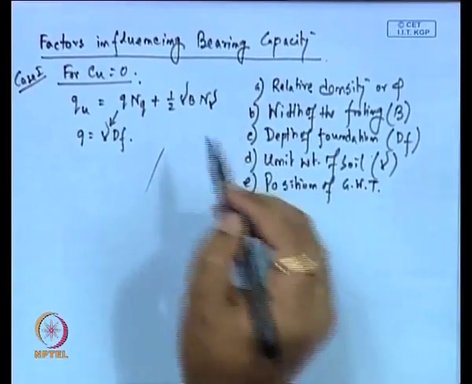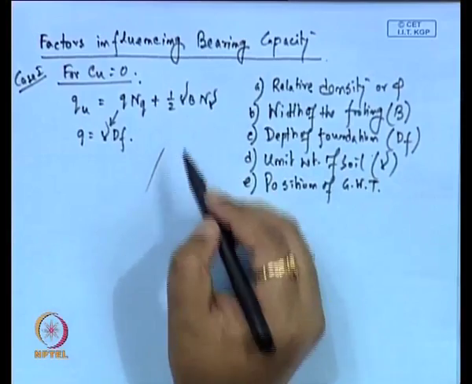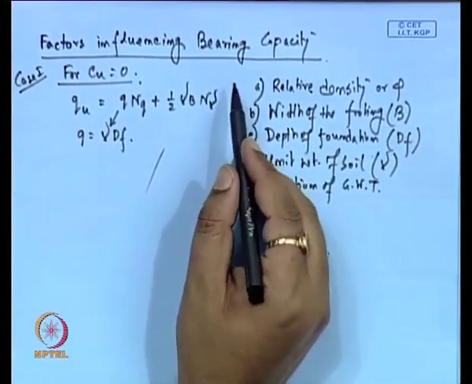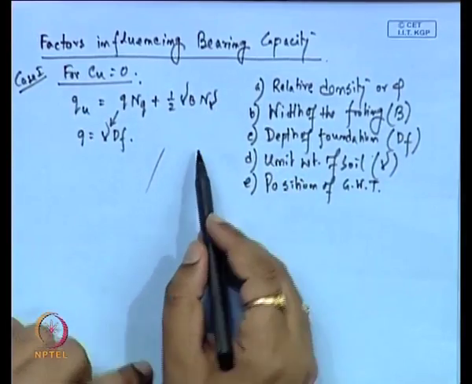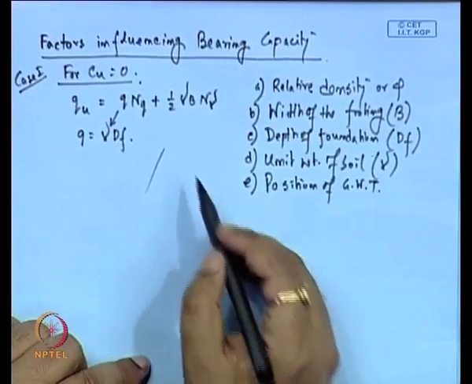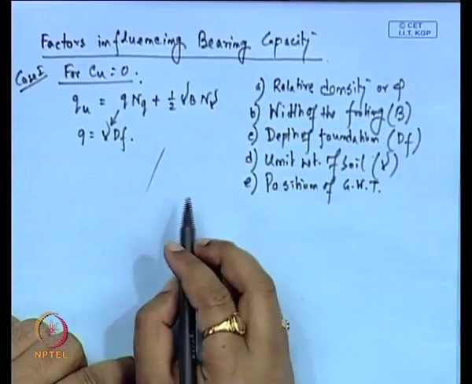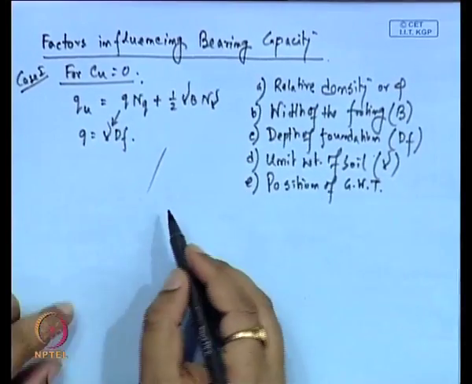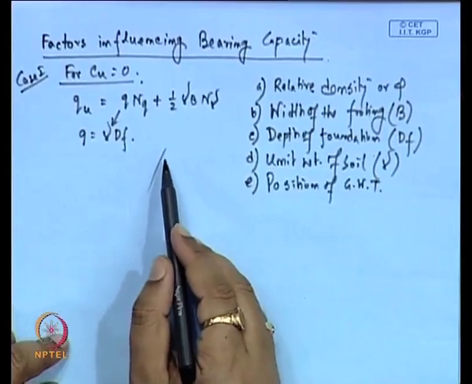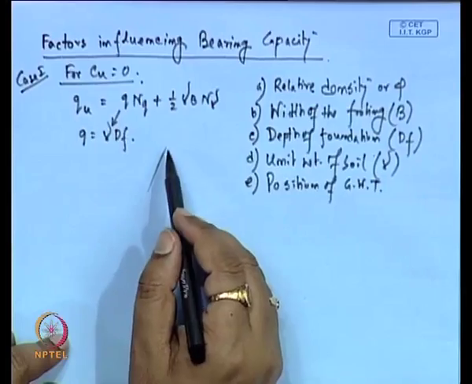Now, if the position of the groundwater table is at the ground surface, that will give the minimum bearing capacity of the foundation. And if the groundwater table is below the foundation base by a distance equal to the width of the foundation, then in that case no influence of the groundwater table is observed in the bearing capacity calculations.